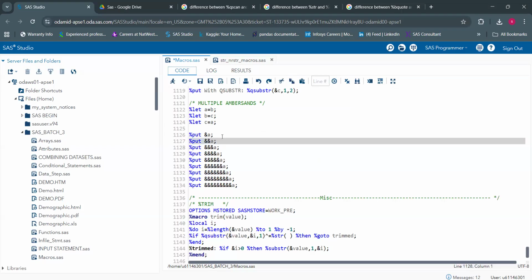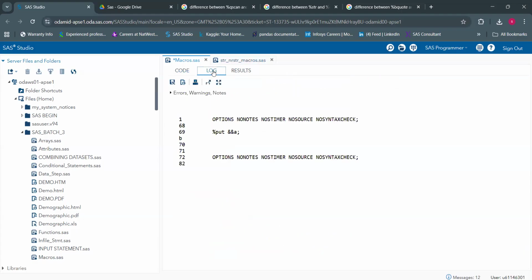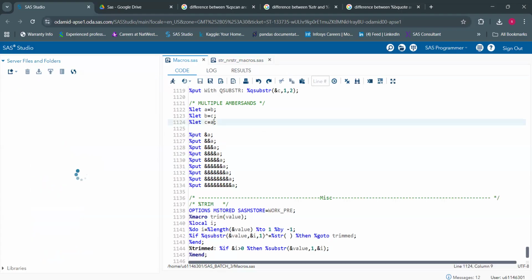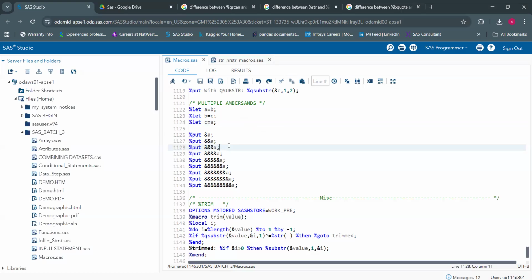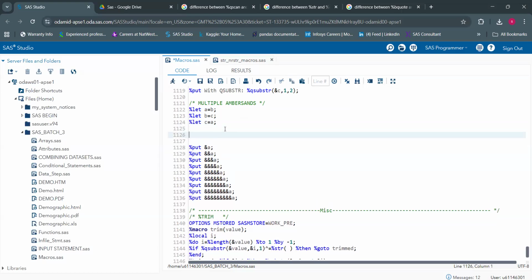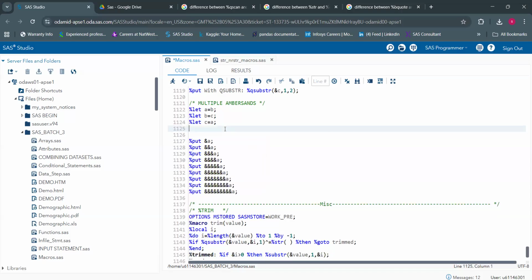Oh, my bad, one second. What happens is SAS treats two ampersands as a single ampersand. Whenever it sees two ampersands, it treats those two as a single ampersand. So what is single ampersand of A? It is B. Now tell me for this one.